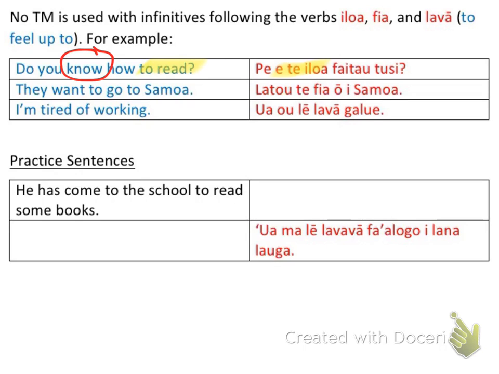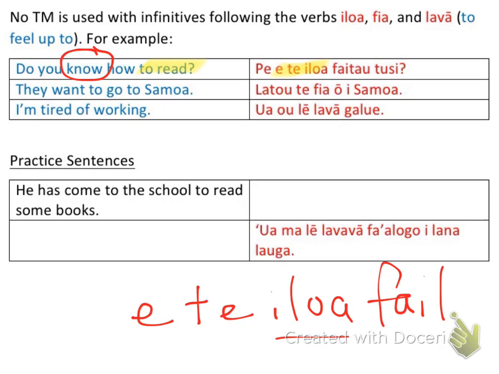Okay, there's two different verbs here, e te iloa, that's my verb 1, and then faitau is my verb 2. And basically, if I have two verbs, they kind of piggyback off this one.